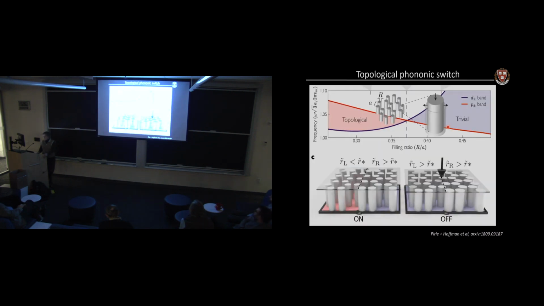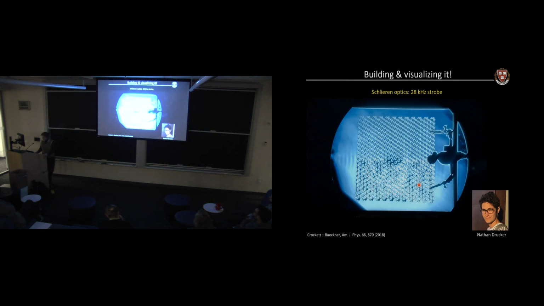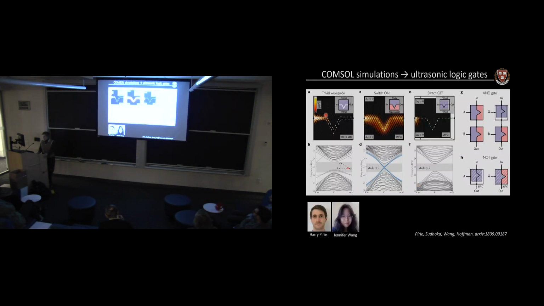That corresponds to a topological phase transition between a denser array of pillars and a less dense array of pillars. So we did some simulations and tried to make a waveguide where on one side we have a dense array of pillars and on the other side we have a less dense array of pillars.